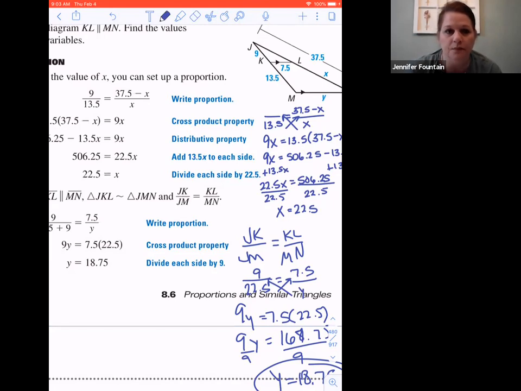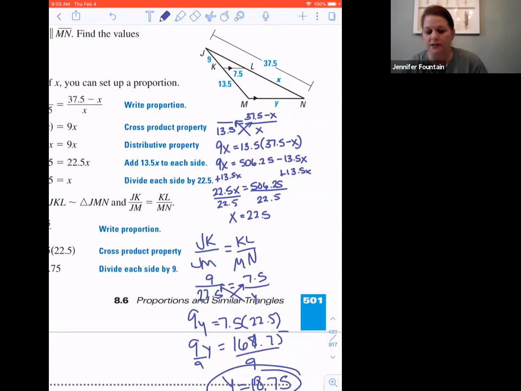Okay, so what we've got to look at is when we are trying to solve for a measure of the parallel lines, notice I did my part of my line compared to the whole line.